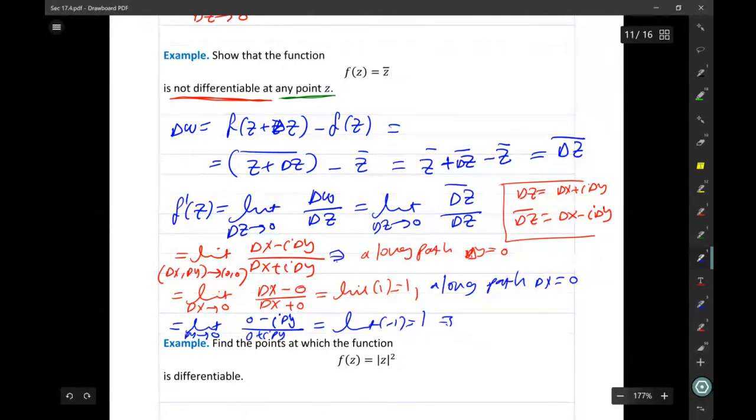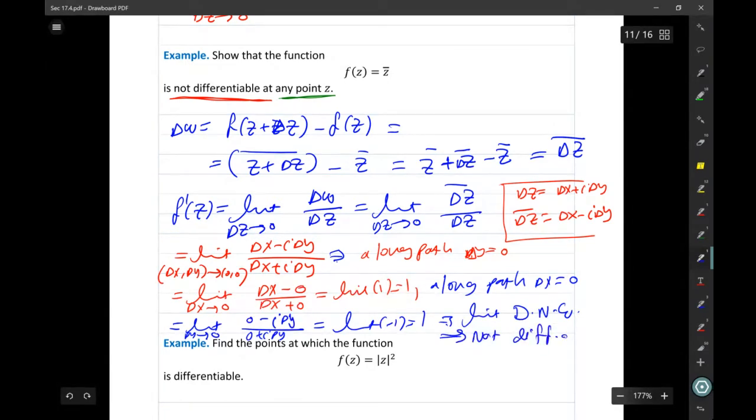That means the limit does not exist. So it is not differentiable at any complex number. Doctor, the limit of minus 1 will be minus 1 or 1? Minus 1, thanks. Of course, this is when delta y goes to 0, because it's a constant.